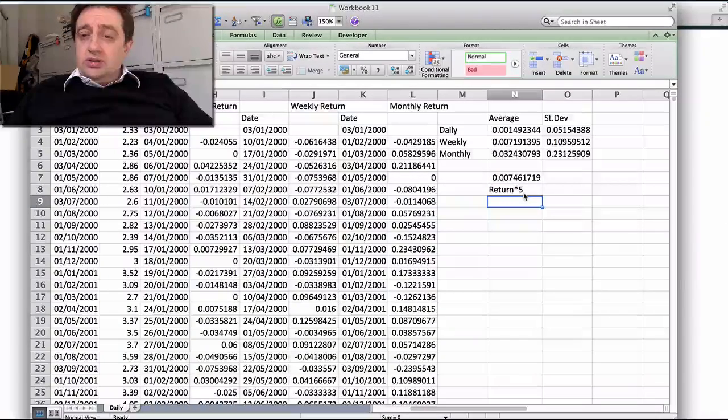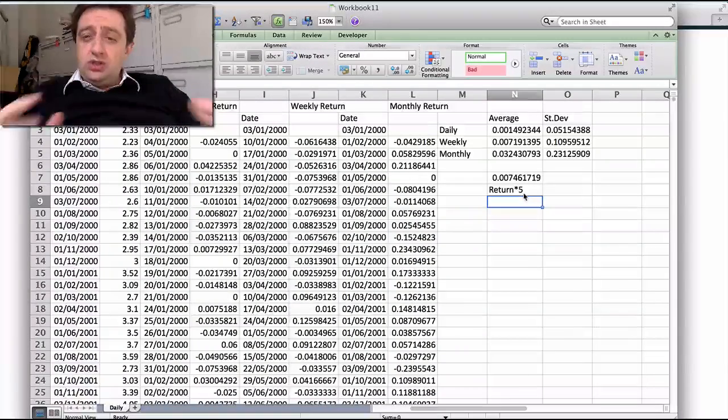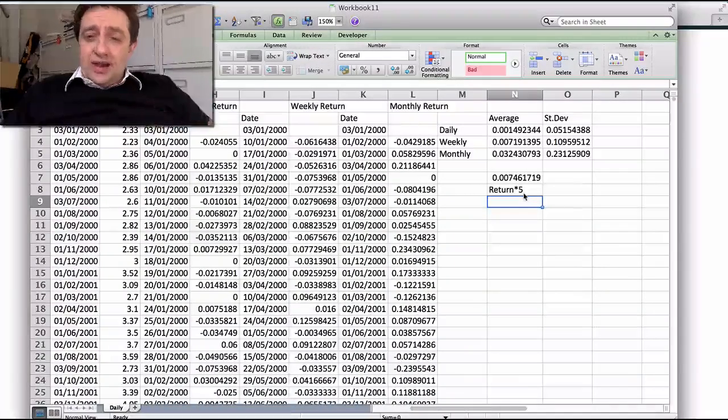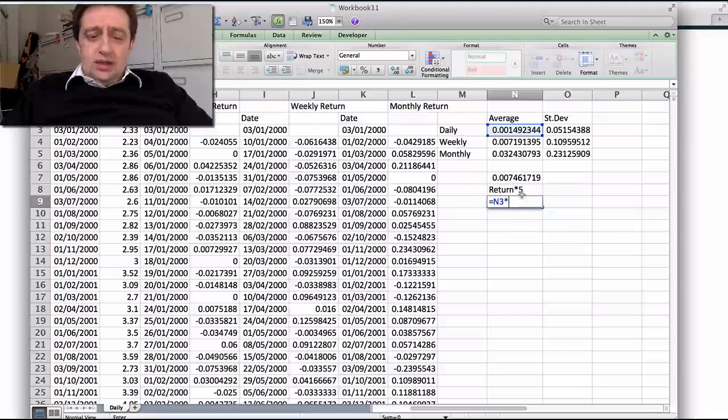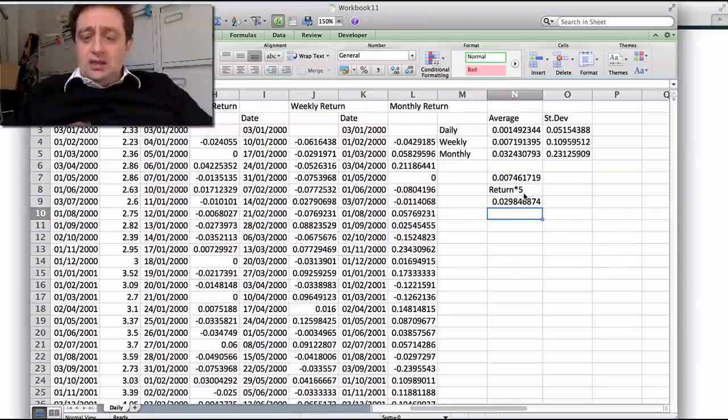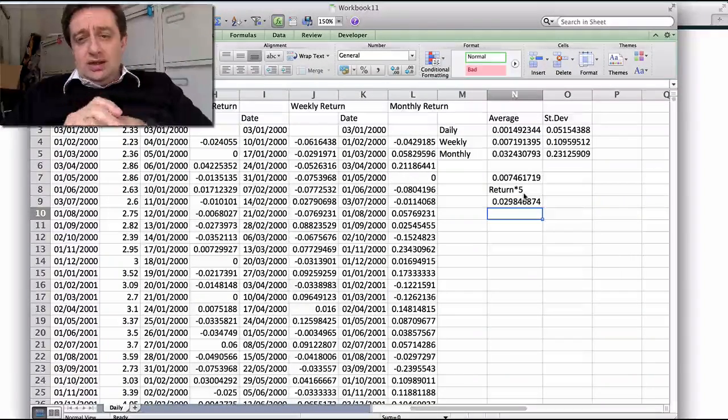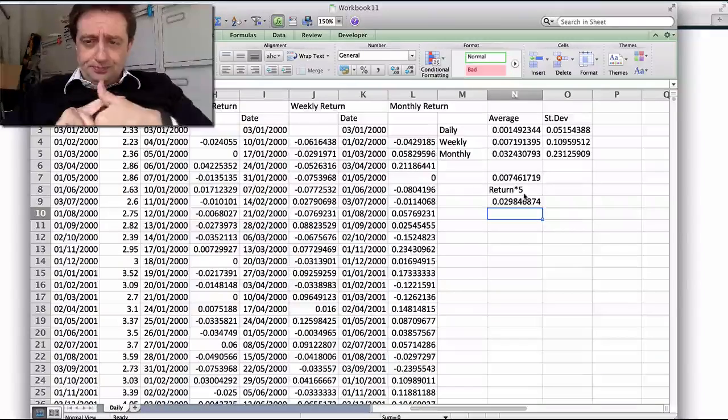But let's say we wanted to find out, well, okay, what's the monthly return using daily data? Well, there are 20 days in the month, so we would multiply the daily return by 20, because that is how many days are in the month.